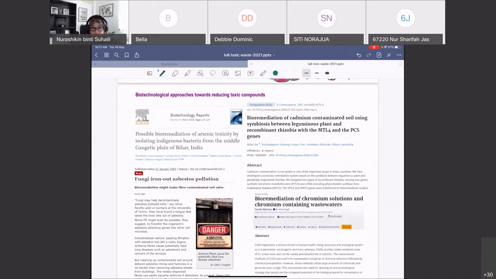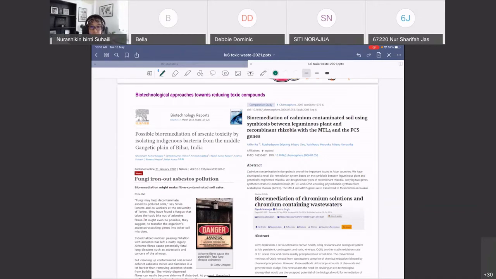And then you can see another research done on bioremediation of cadmium-contaminated soil using symbiosis between a leguminous plant and recombinant rhizobia with the MTL4 and the PCS genes. So here we can see that it's not just microorganisms; we can also utilize plants.